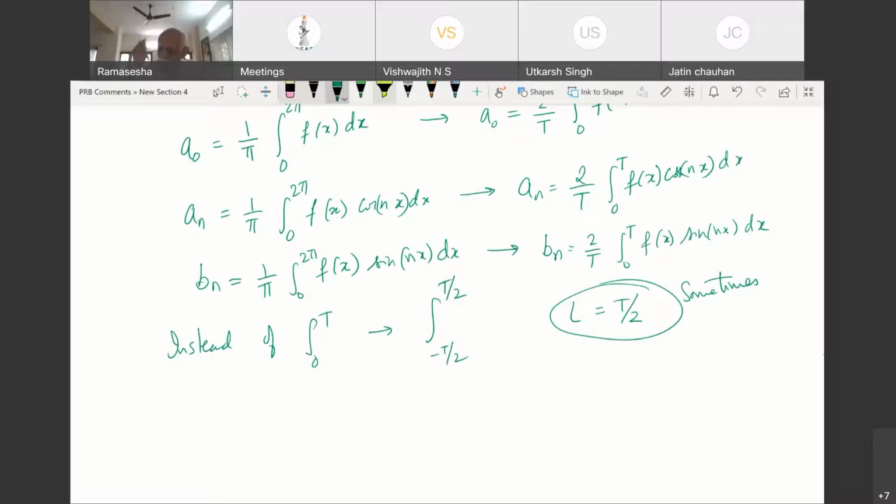I will always use the full periodicity as T, not half periodicity as L. Okay. So that is why I will always use minus T by 2 to plus T by 2 or integral 0 to T.